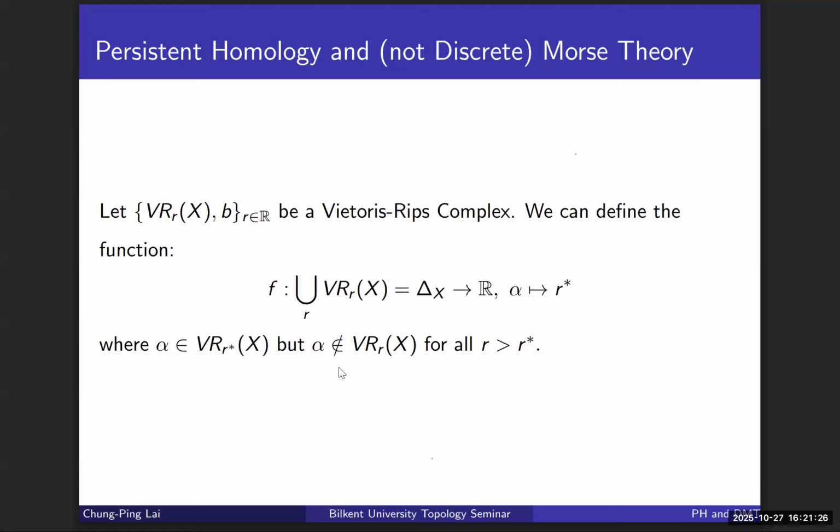Can I ask a question? I'm confused, maybe I'm misunderstanding this. So alpha is in here, VR star. But R star is the first radius where this alpha appears, and then R is greater than R star. But isn't that the case, that alpha is going to stay in? Oh yeah, I'm sorry.